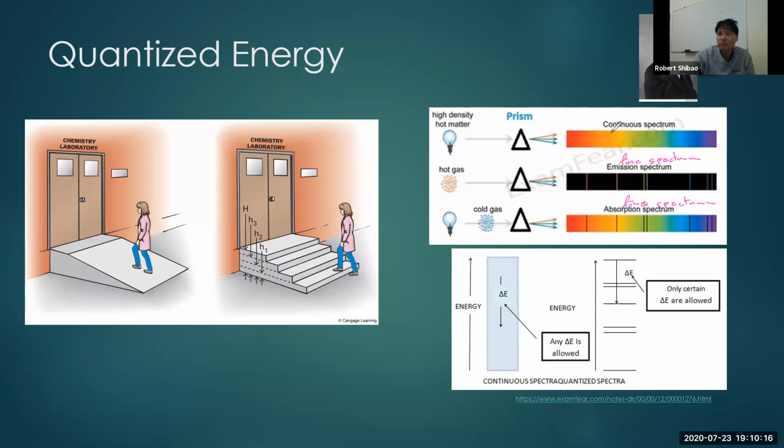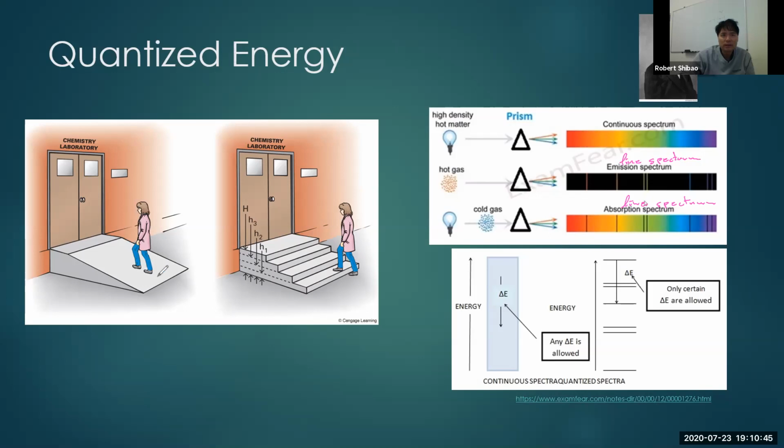We have two types of spectra, emission and absorption, like I said before. If you have a continuum, you're allowed a continuum of energy. This is gravitational energy. This person can get any kind of gravitational potential energy they want, a little bit higher, a lot higher, whatever.